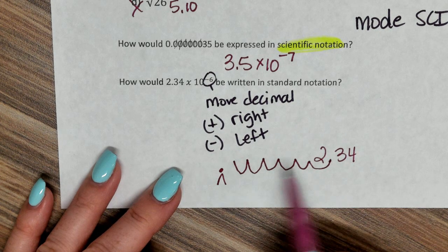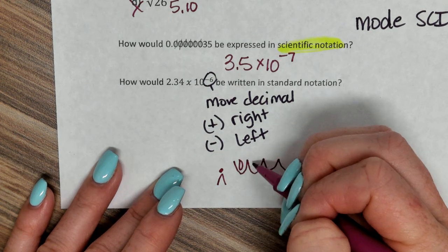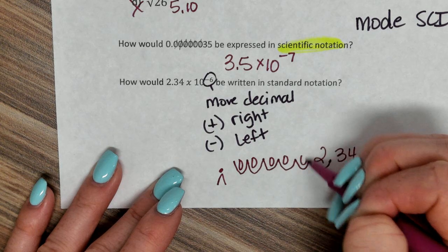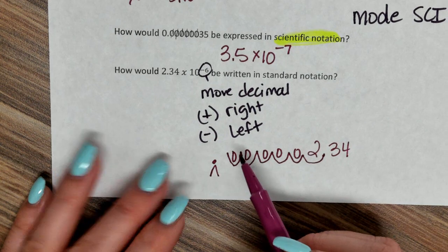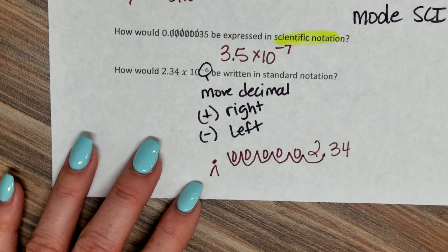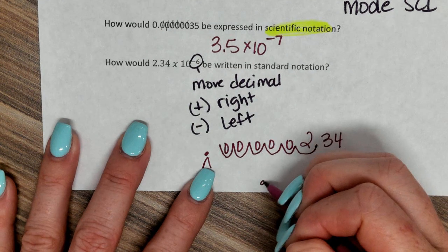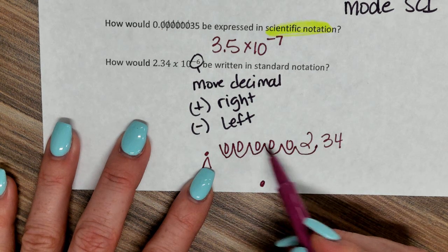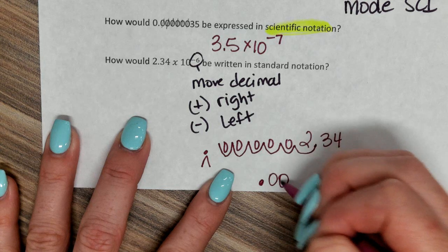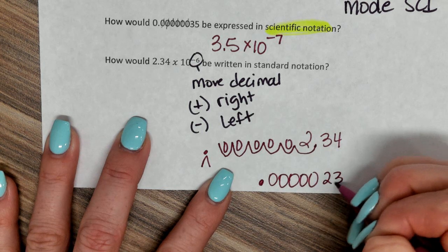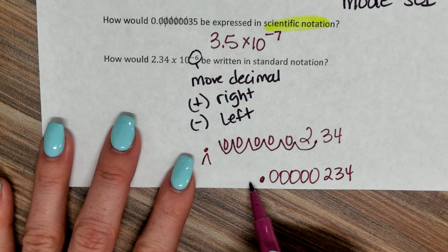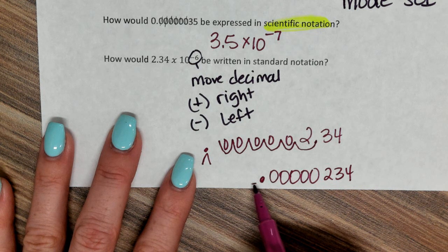What goes in the baskets? Inside the baskets. Zeros. Yes, they go inside. Don't put them on the edge of the basket. So my answer is decimal 1, 2, 3, 4, 5 zeros. Then 2, 3, 4. What could go right here? A 0.